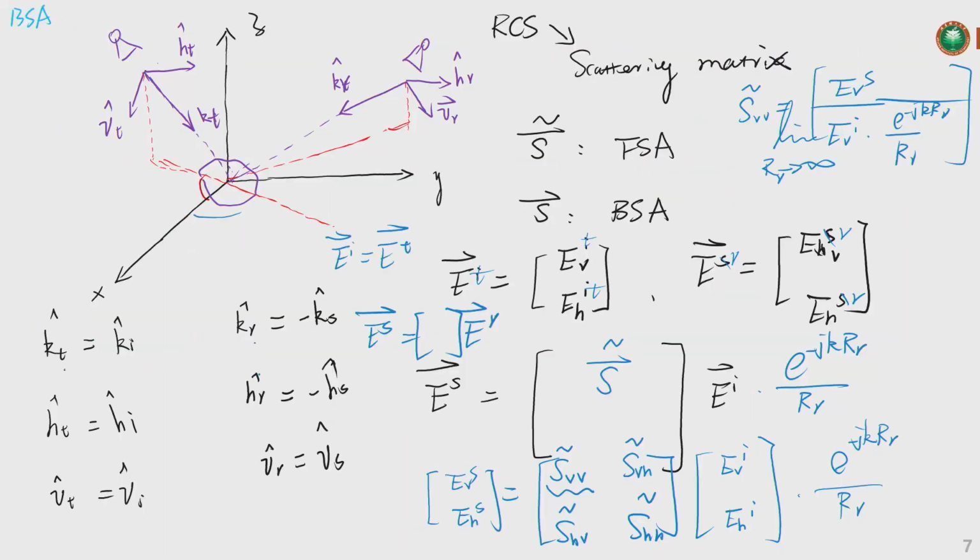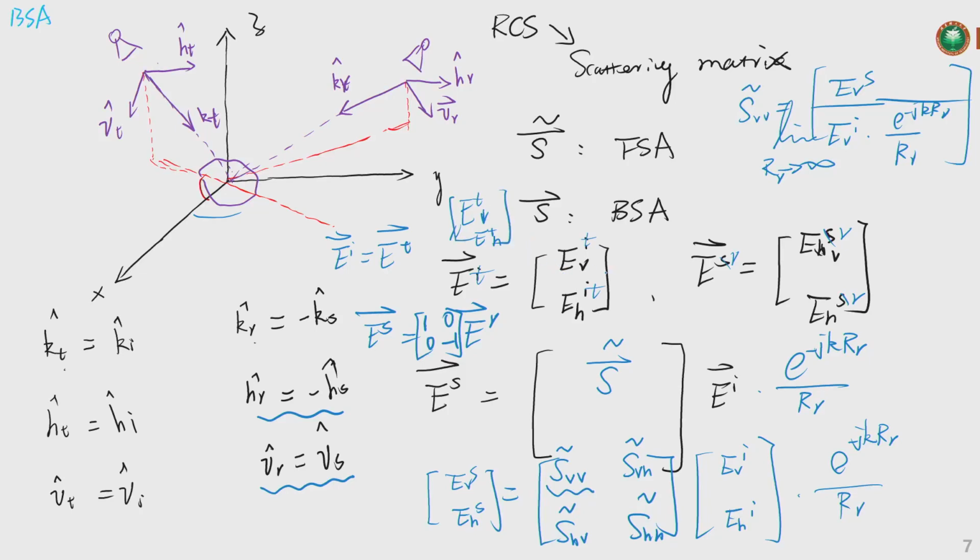The V component equals to each other, right? The H component is minus, right? So that means the V component is 1 and the H is minus 1, right? So that means this one is ET V, ET H, right?